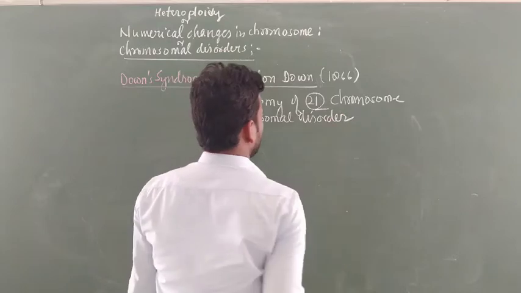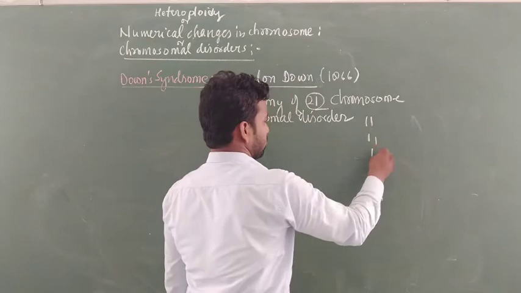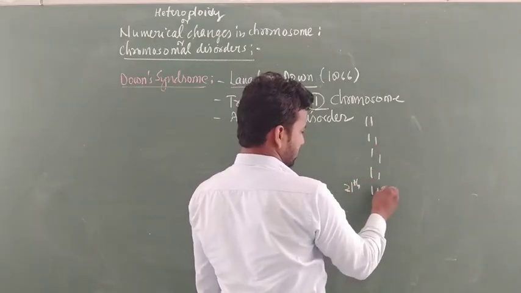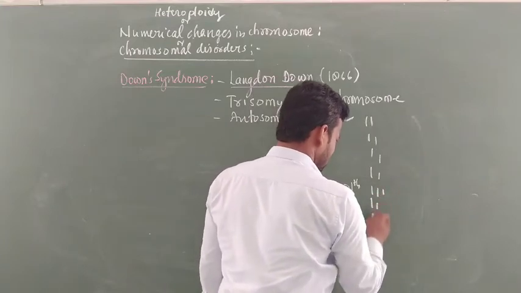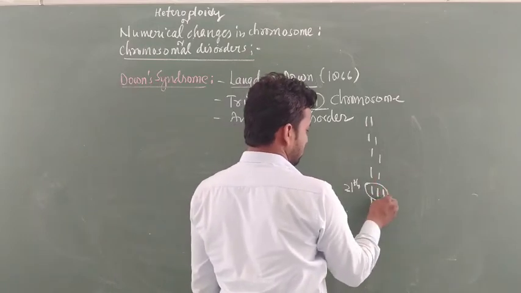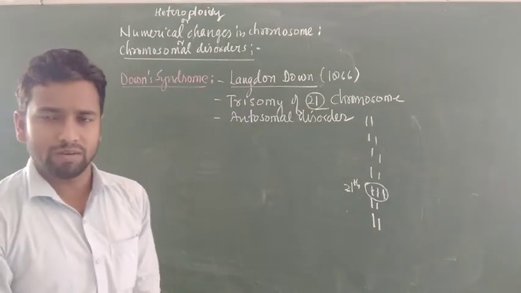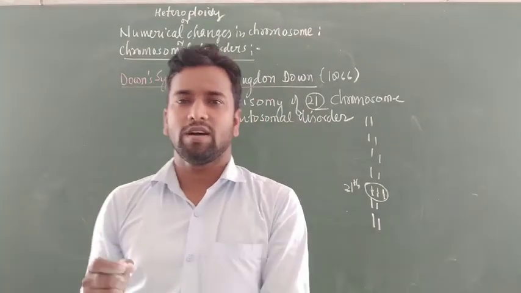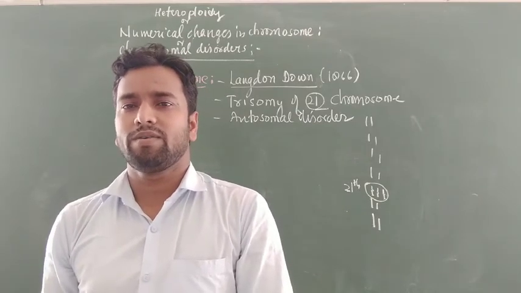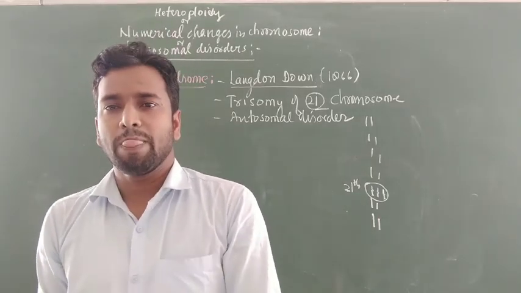Here one additional chromosome is present. Suppose a human being has 23 pairs of chromosomes. In the 21st pair, the chromosome becomes 3 in number. This is called trisomy. It means one additional autosomal chromosome is increased in case of Down syndrome, a single increase in the chromosome number.